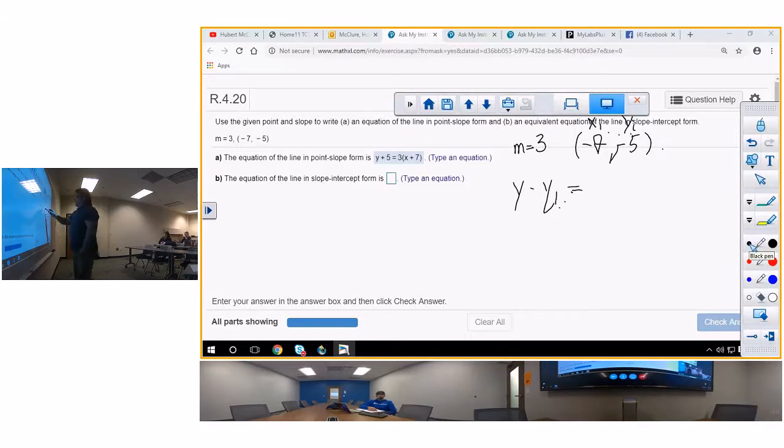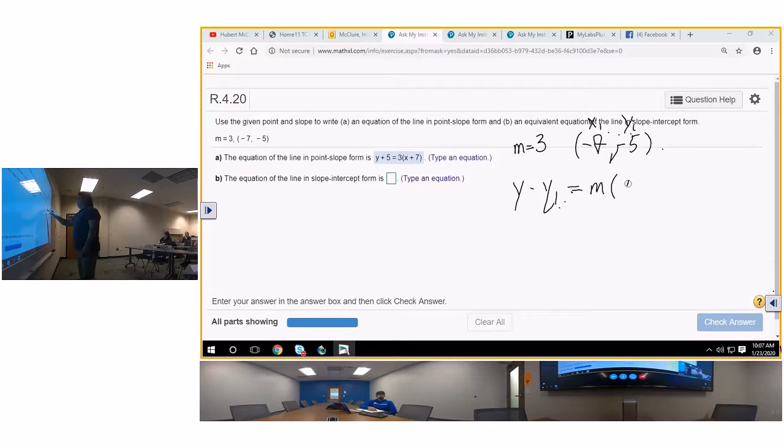Okay, I'm sorry. M times x minus x sub 1. There we go. So y minus parentheses is equal to parentheses times x minus parentheses. And now we just plug and chug. Y sub 1 is -5. M is 3. And x sub 1 is -7.